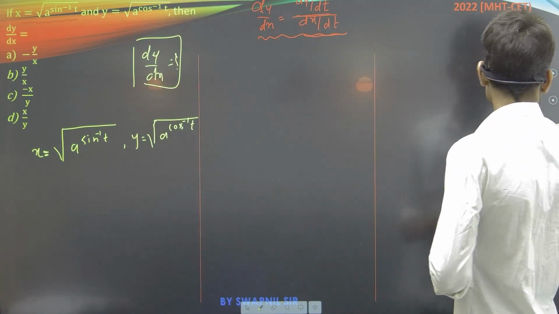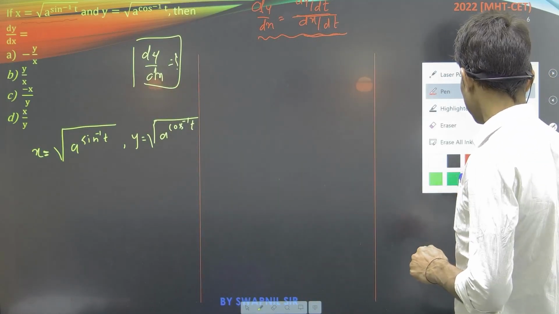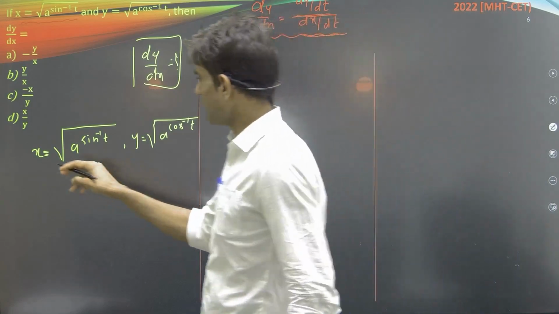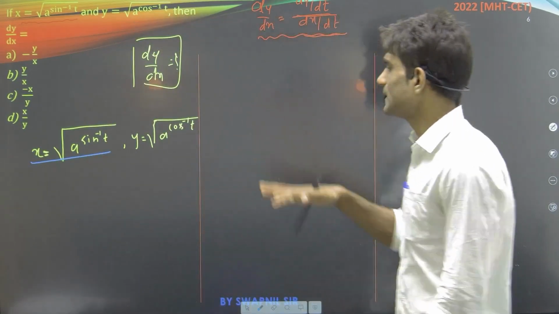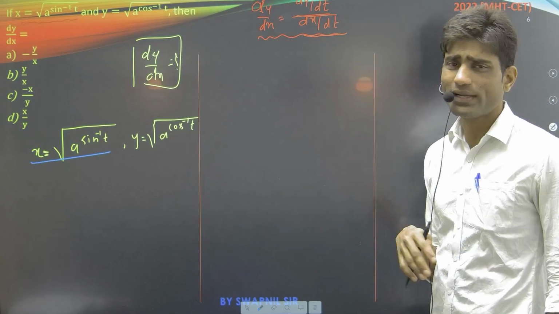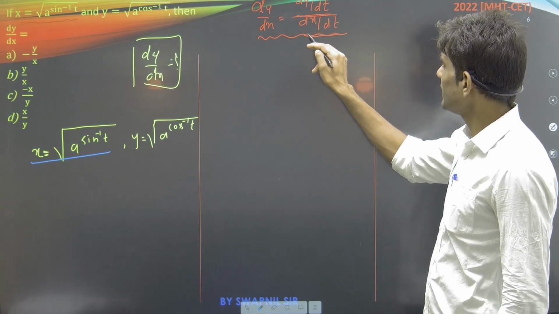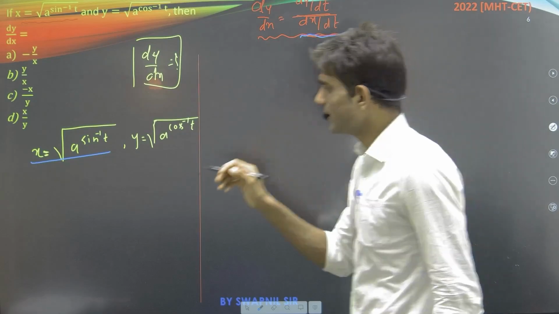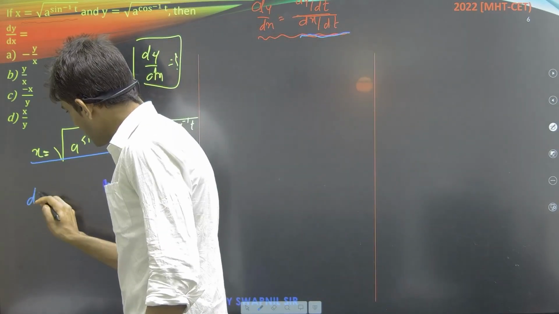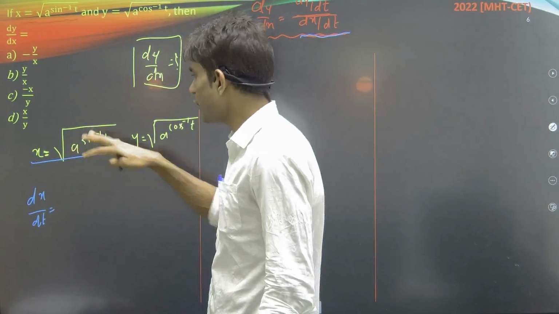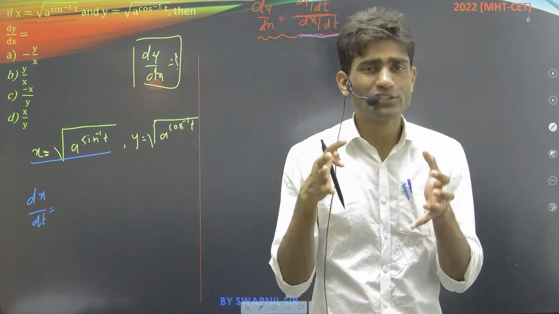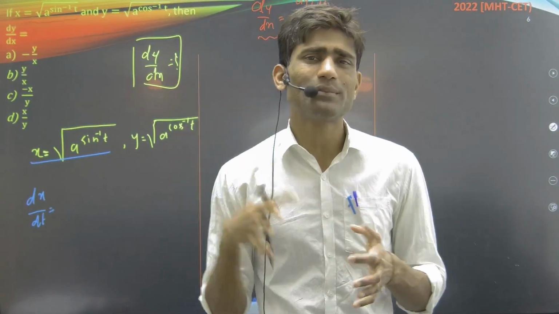So for finding the differentiation, let's differentiate these functions. First of all, we want dx by dt, as x is a function of t. Dx by dt means differentiation of this square root, and we know that d by dx of root x is 1 upon 2 times root x.